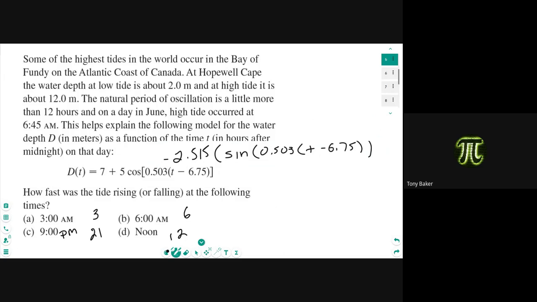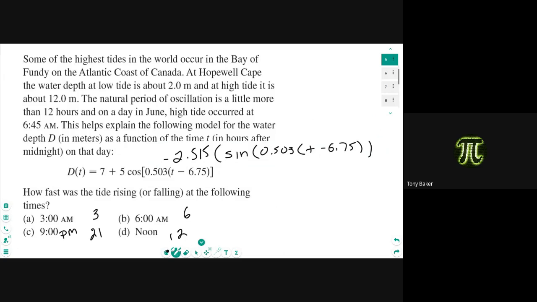But the height is still increasing. It's just increasing at a slower rate because it's getting to that peak where it's going to start falling. If the derivative is positive, the value is still increasing. It just might not be increasing as fast.